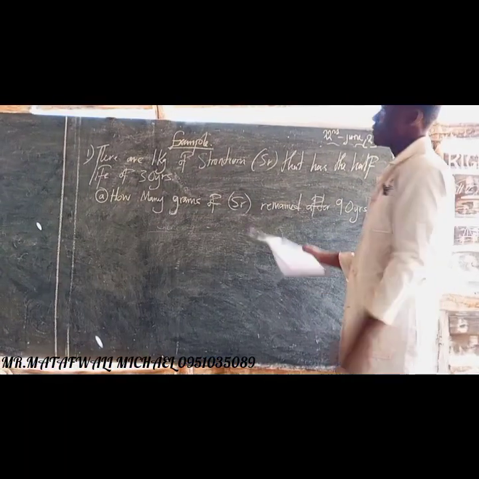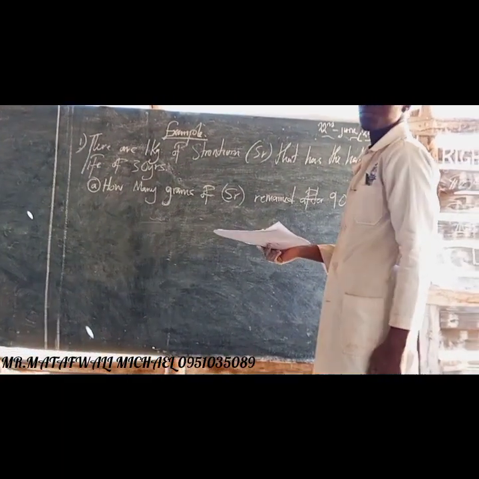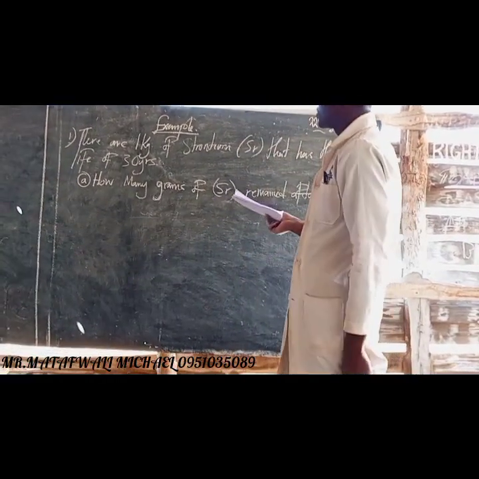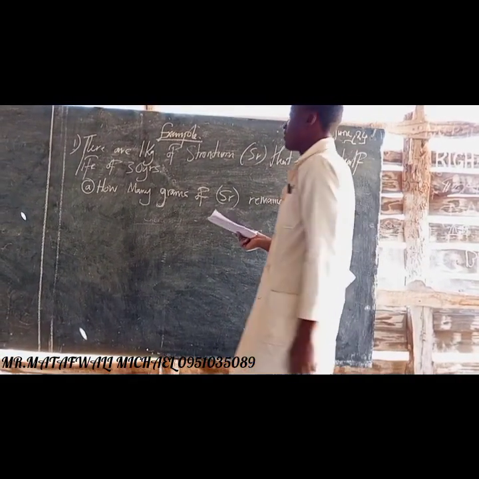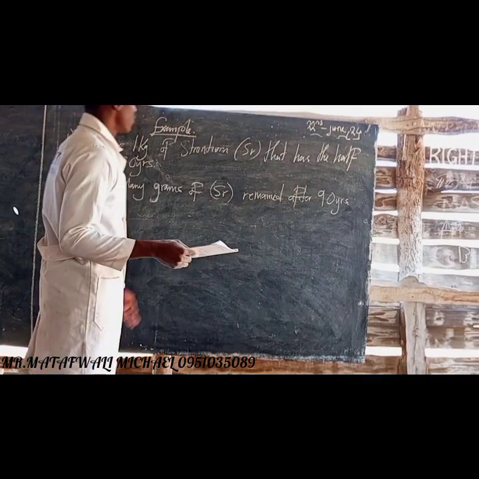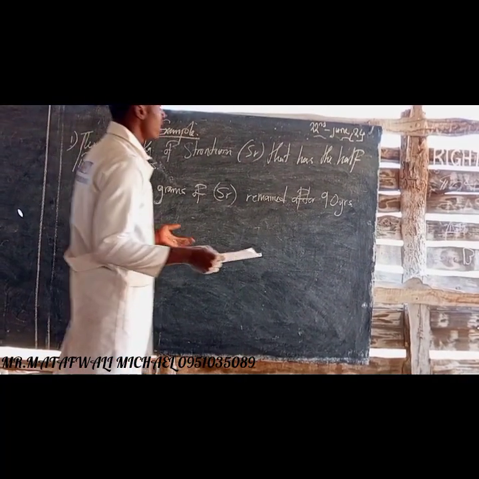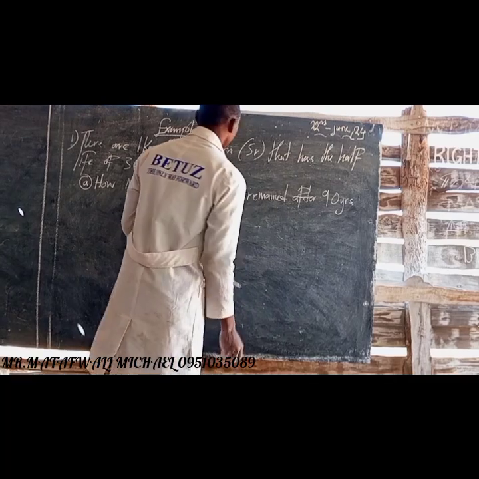So before solving this question, we are going to discuss the two methods which you can use to solve this question. It depends on the situation, if it is on multiple choice or under section B or section C.